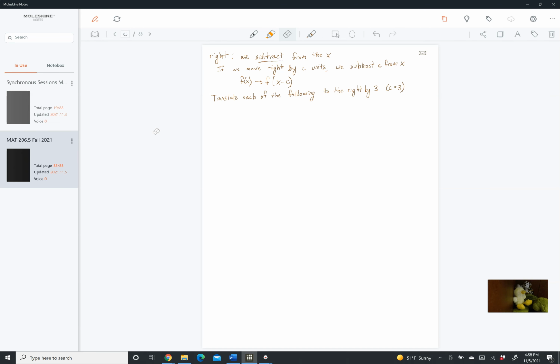So we're going to do the 6 functions again. F of x equals our linear function, 2x plus 6. F of x equals our polynomial function, 3x squared plus 7x. F of x equals our exponential function, 7 to the x minus 4. F of x equals our logarithmic function, 6x plus 8.